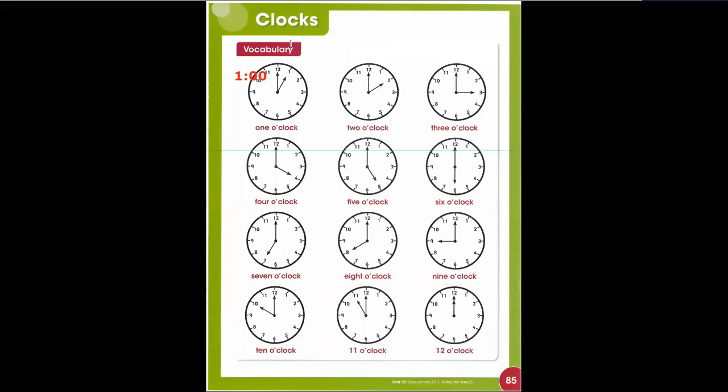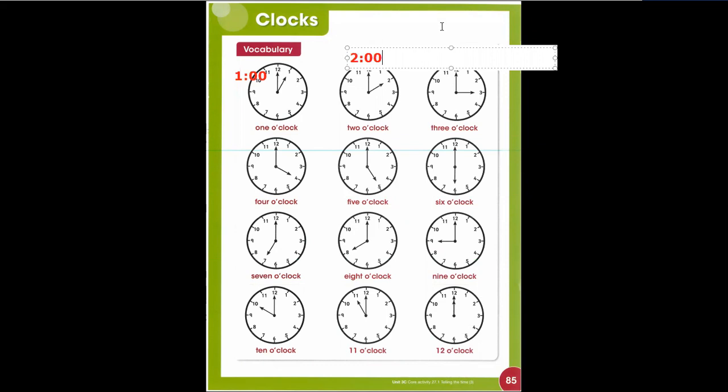Then we have small hand. First of all, we are going to see small hand 2. The small hand is on 2. First, we are going to write 2. Again, the big hand is on 12.